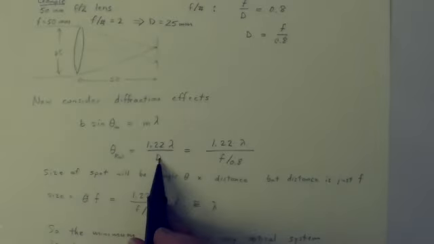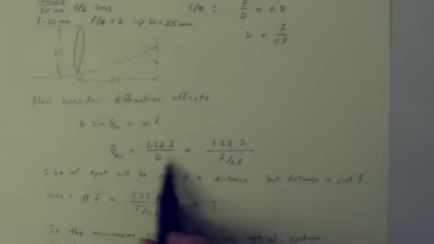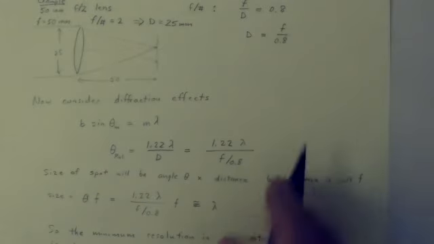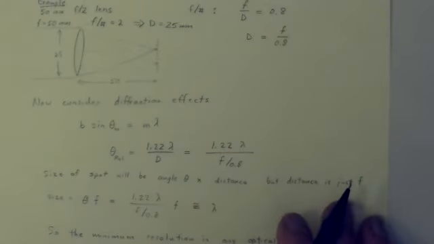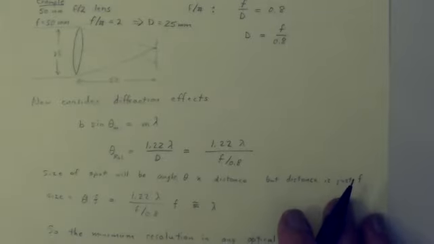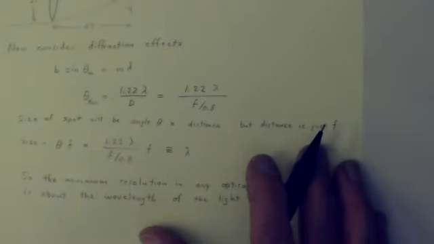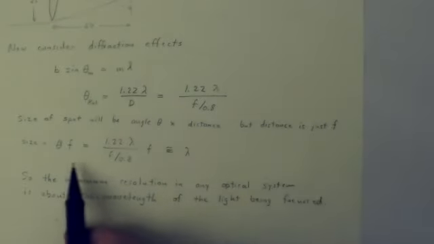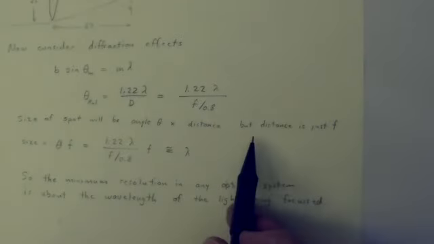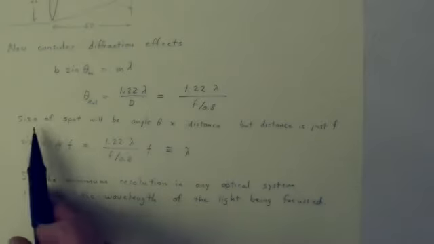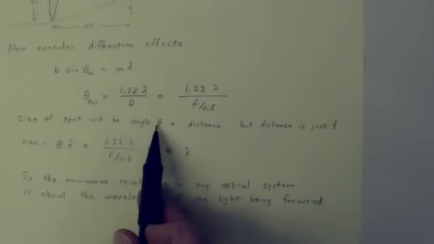And now what I do is just put in, instead of D, this F over 0.8. If you do that, you get the angular size of the spot.